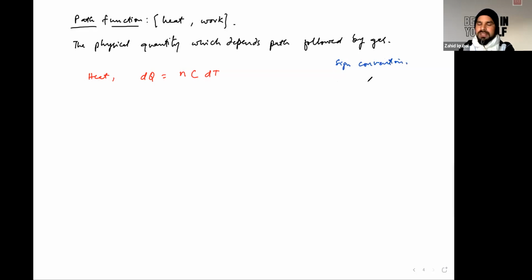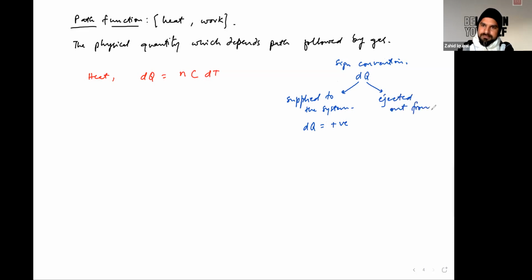If heat is being supplied to the system, it will be taken as positive. And if heat is being ejected out from the system, then dQ will be taken as negative.